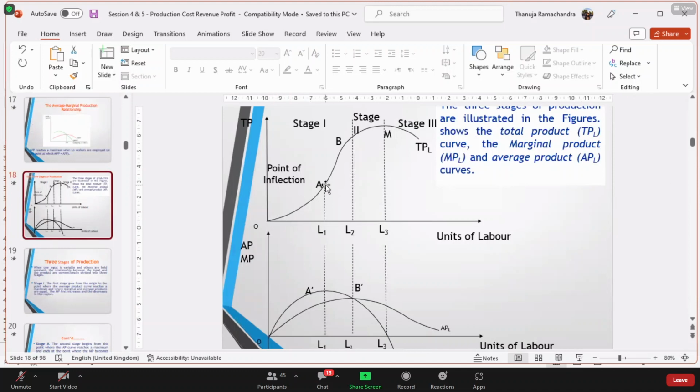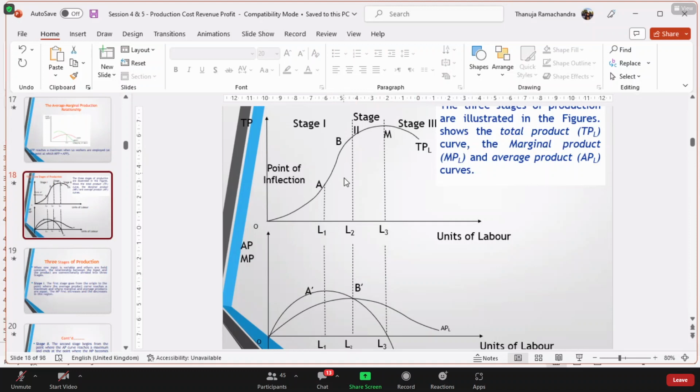The first stage is up to point A, where output is increasing with increasing labor, but the rate of increase is decreasing. That is the diminishing returns, right? This is the second phase. The third phase is where the total product is falling, right?